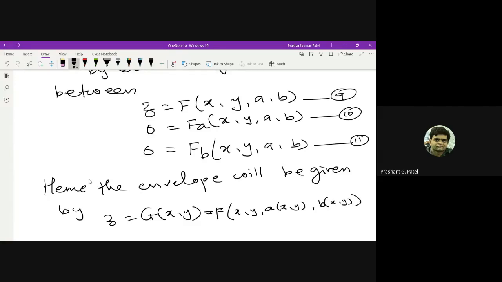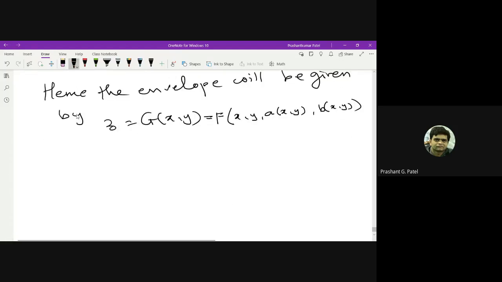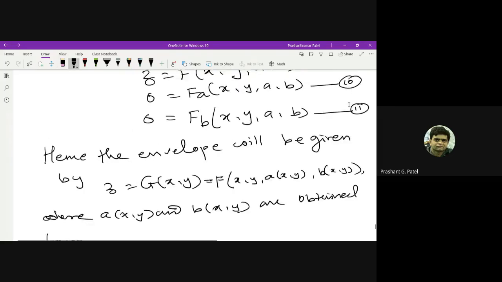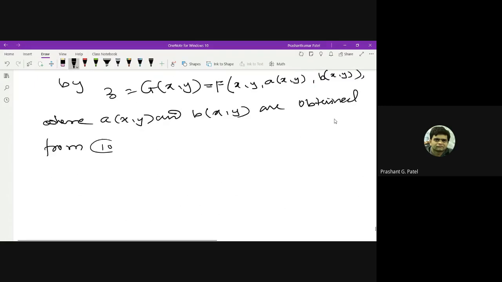So this is the solution where a of x, y and b of x, y are obtained from the above equations, that is 10 and 11, by solving for a and b.